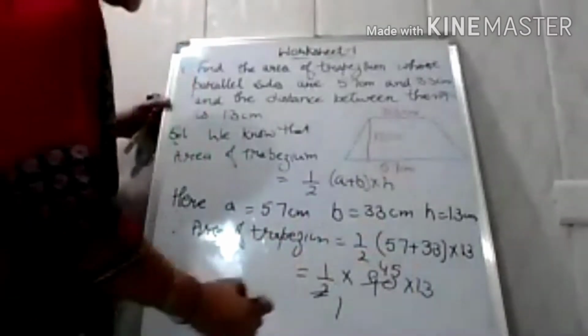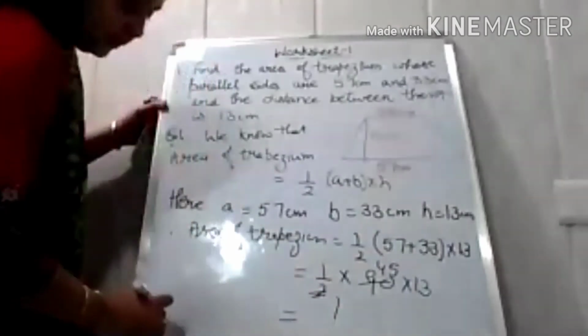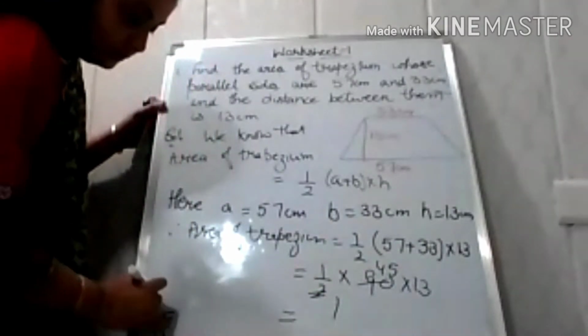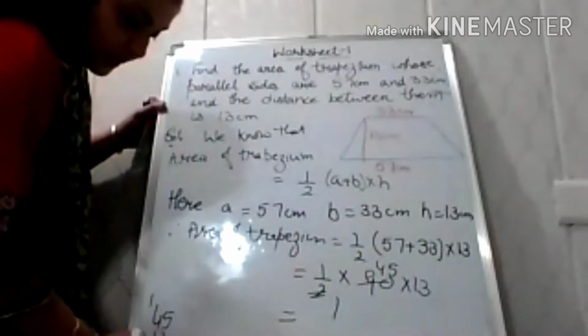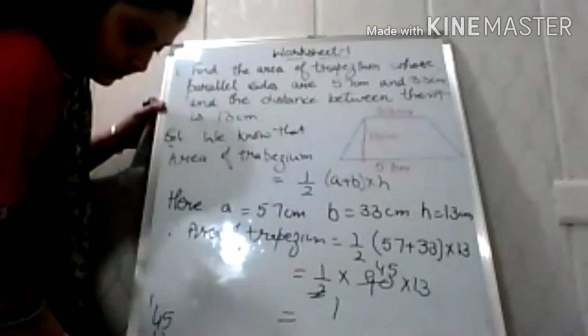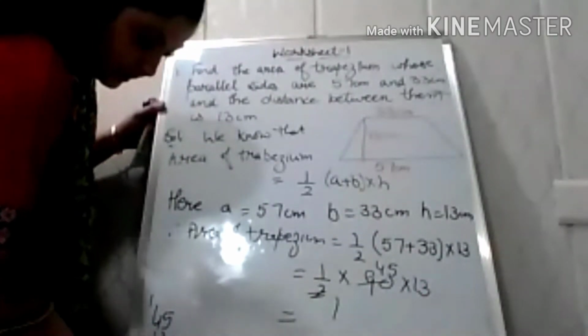When we cancel here, we have to multiply 45 with 13. 5 threes are 15, 1 carry. 12 plus 1, 13. 5 fours are 20, plus 1, 585.